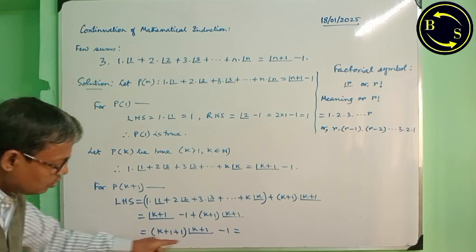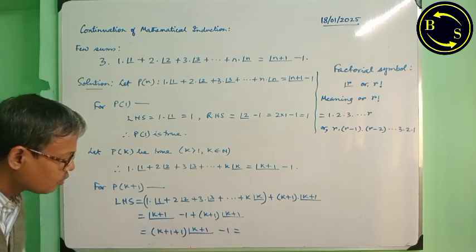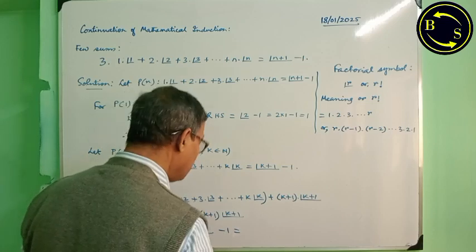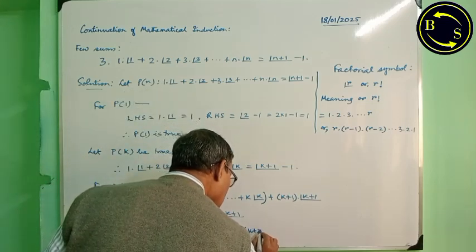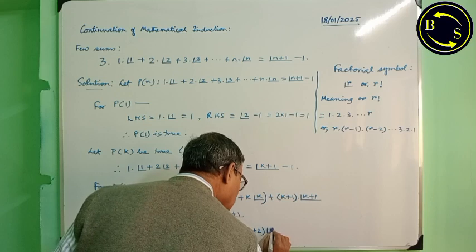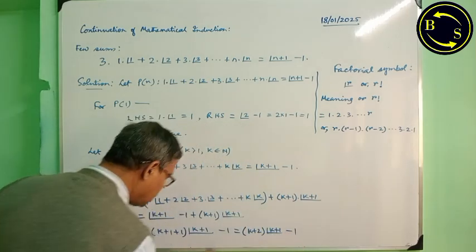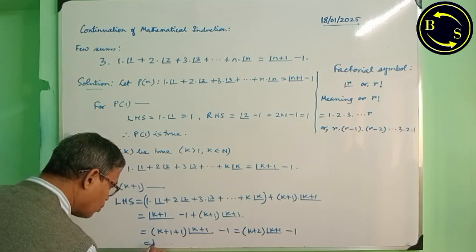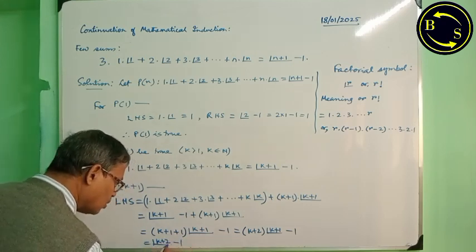Now the result will be k plus 2 into factorial k plus 1 minus 1, and this is factorial k plus 2 minus 1.